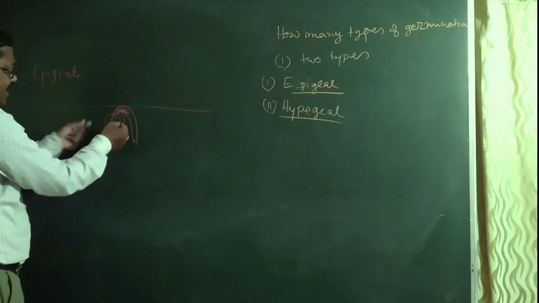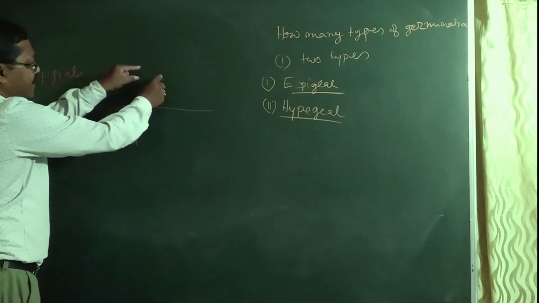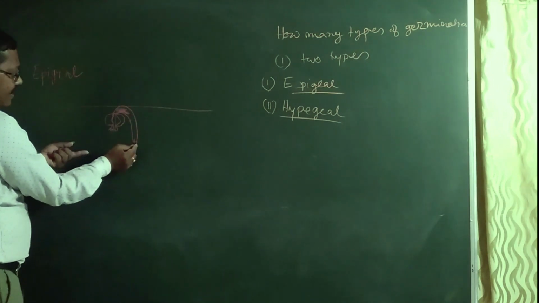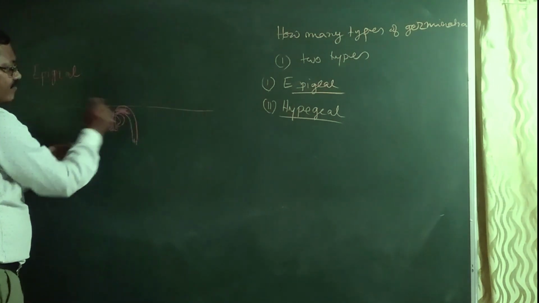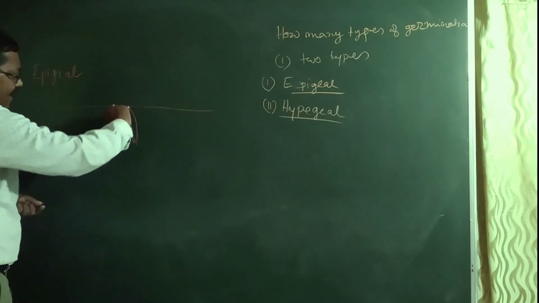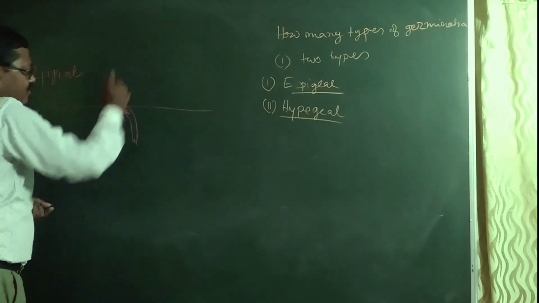As a result, the two cotyledons ultimately enter into the air by the growth of the epicotyl. By the growth of the epicotyl, the seed cotyledons enter into the air.